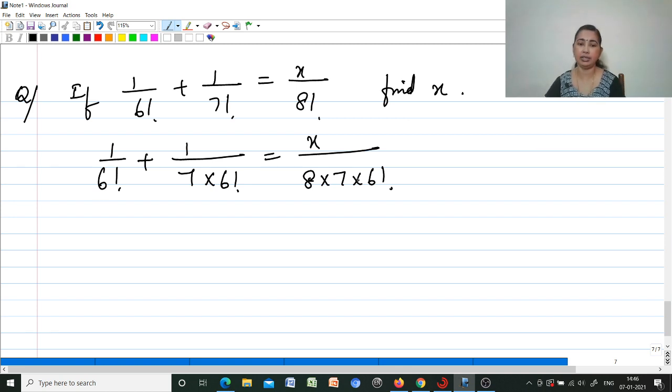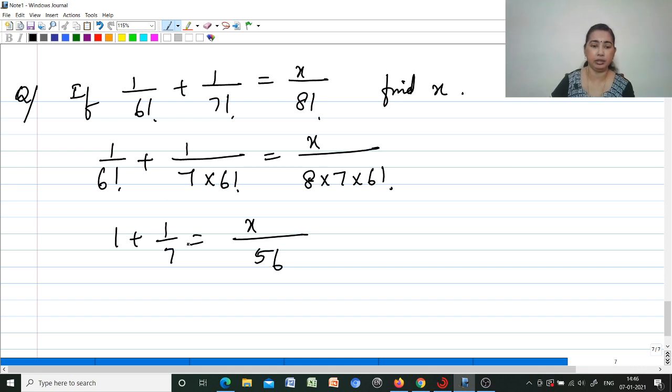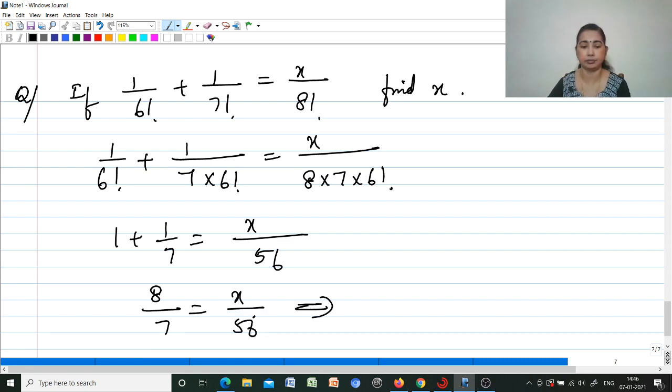In the denominator, 6 factorial is common, that can be cancelled. Remaining 1 plus 1 by 7 is equal to x by 8 into 7, which is 56. Then cross multiplying, 7 plus 1, 8 by 7 is equal to x by 56. Then 7 here 8 times. So, x is equal to 8 into 8, that is 64.